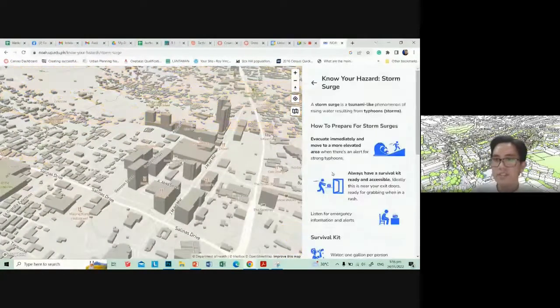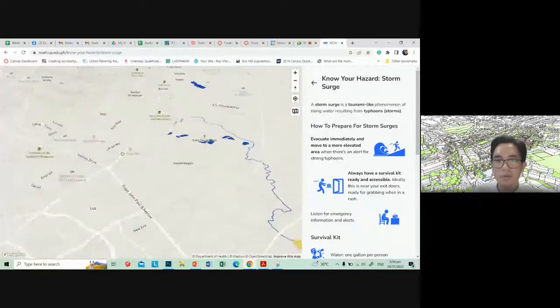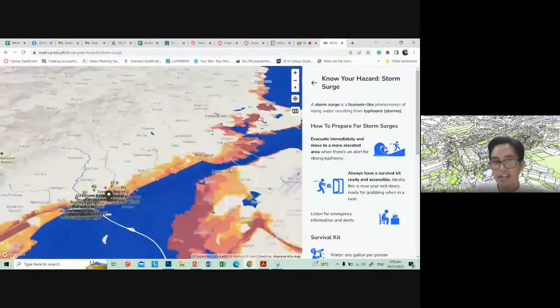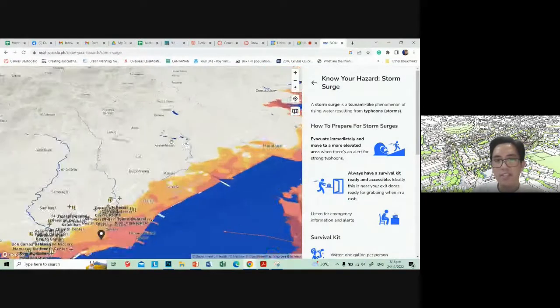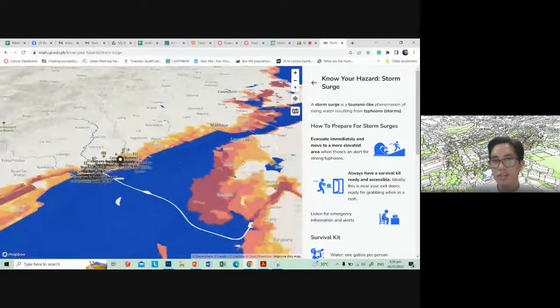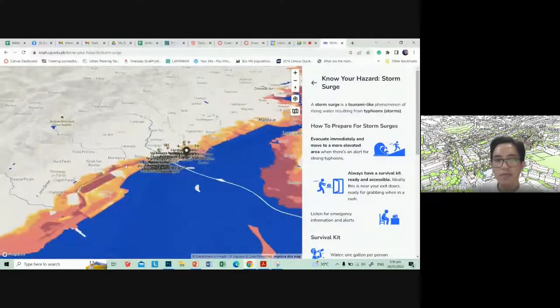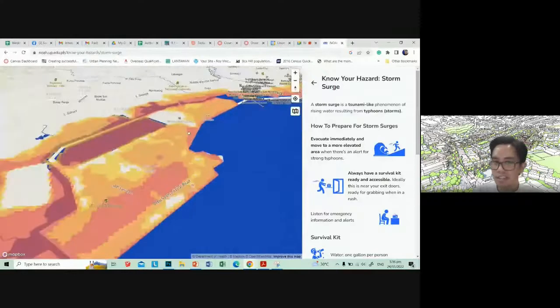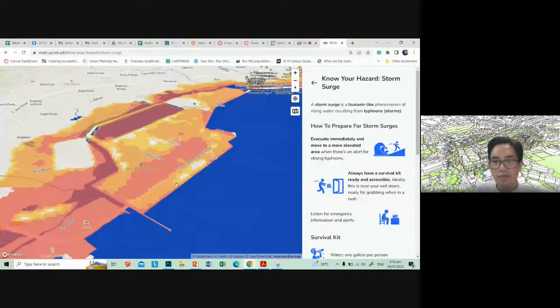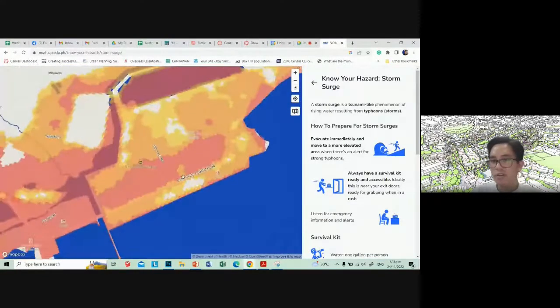So what is storm surge? A storm surge is a tsunami-like phenomenon of rising water resulting from typhoons. So this only applies to coastal areas. IT Park is very much inland, so there's no risk of storm surge. If some of you may have located your sites here in SRP, for example, unfortunately, this area is very vulnerable to storm surge.